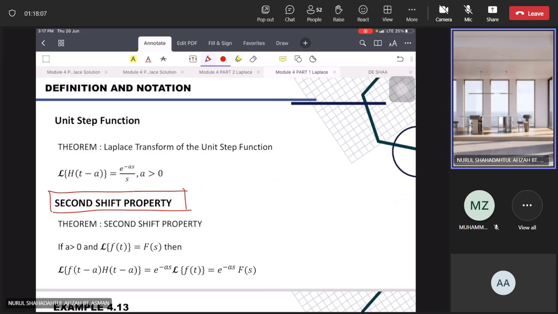If our a is more than 0, and the Laplace transform of f(t) is F(s), then we have Laplace of f(t minus a) h(t minus a) goes to e to the negative as F(s). Yeah, so you can see, now this is the Laplace transform of the unit step function.